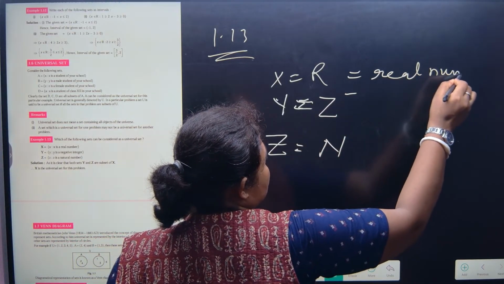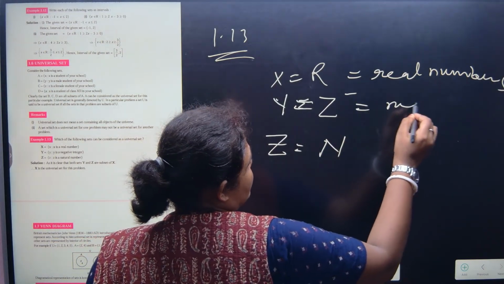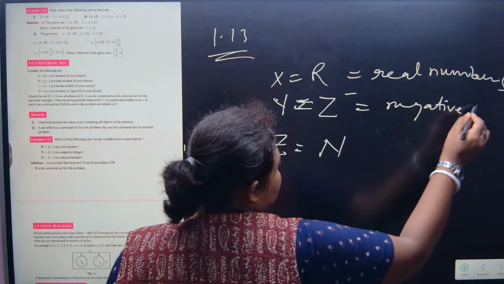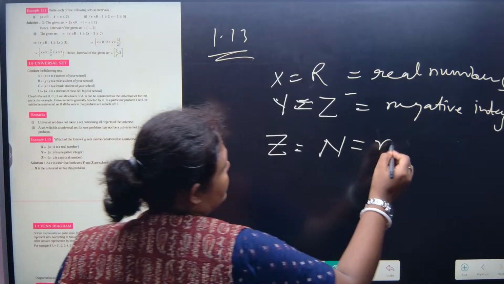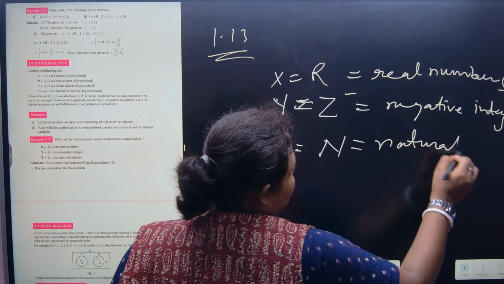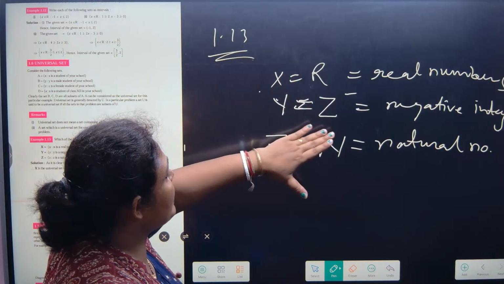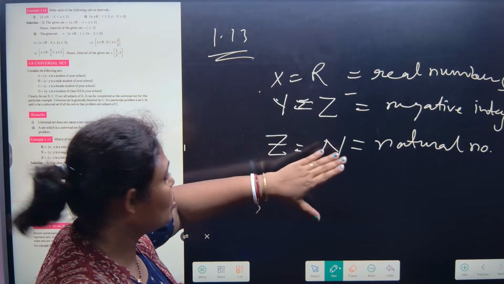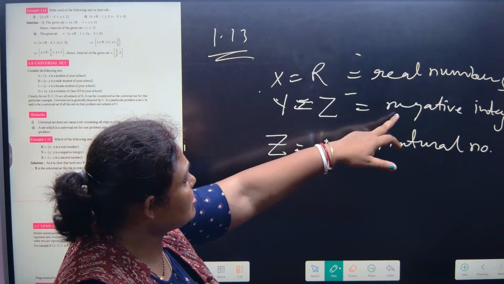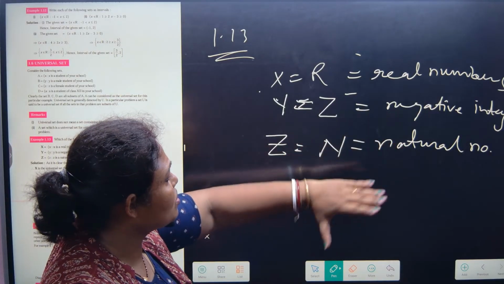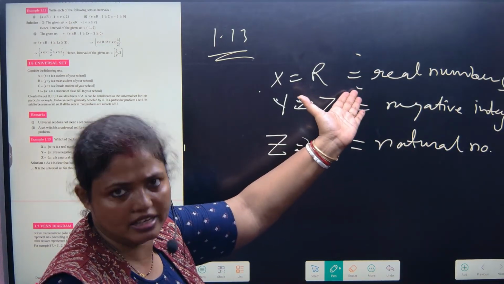Real numbers, negative integers, natural numbers. Now see, the real numbers contain the negative integers and also the natural numbers. The negative integers are not contained in the natural numbers, and the natural numbers are not contained in the negative integers.